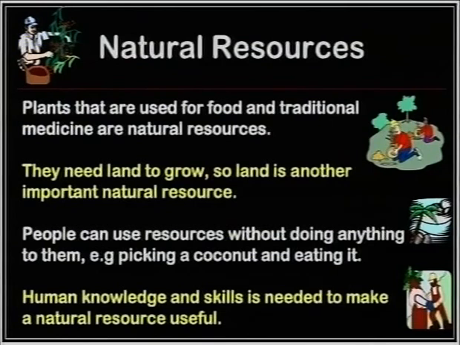So they're not doing anything to that coconut. They're just going out and picking the coconut and eating it. So that's one type of resource where we don't do anything to it. Okay, the last point, it reads, human knowledge and skills is needed to make a natural resource useful.